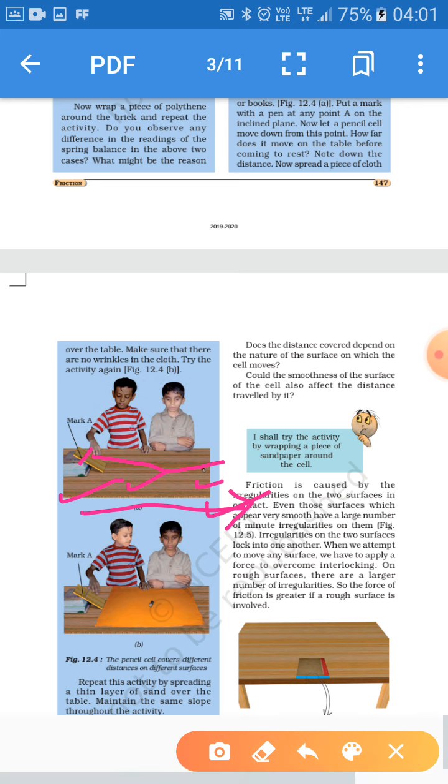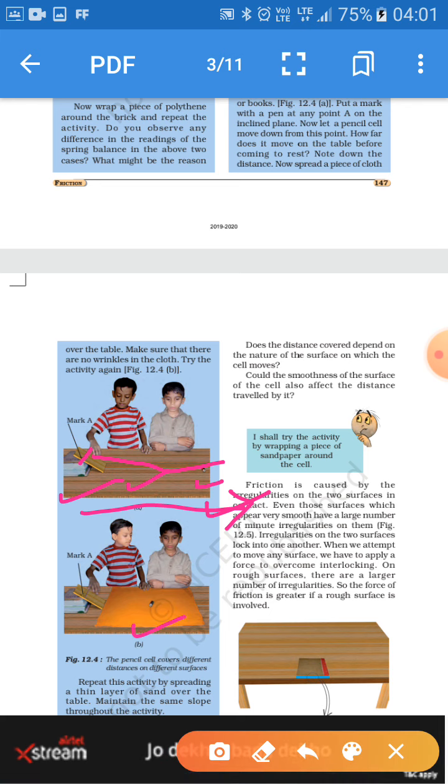But on the other hand, when they used the cloth piece, or even sandpaper, the distance covered by the cell will be accordingly as per the surface of the cloth piece. Now you know that cloth has more irregularities, so it will have more friction and the motion will be less.